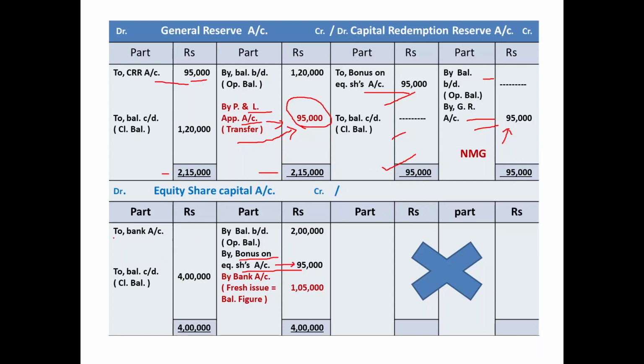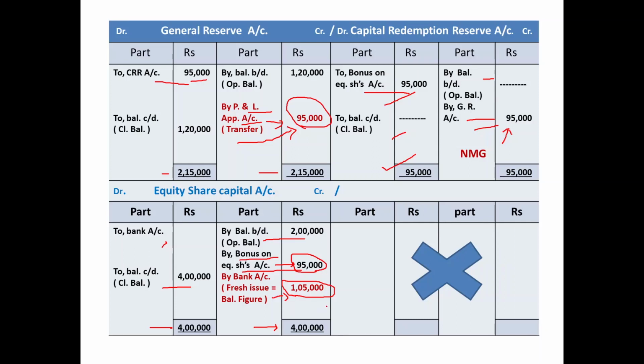Opening balance 2 lakh, closing balance 4 lakh, 95,000 in the form of bonus given from CRR. Total of debit side 4 lakhs, put it on the credit side 4 lakhs, that gives a balancing figure on the credit side 1,05,000. This is the amount of issue made in the current year.